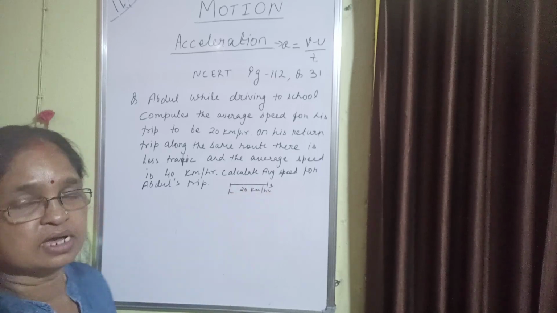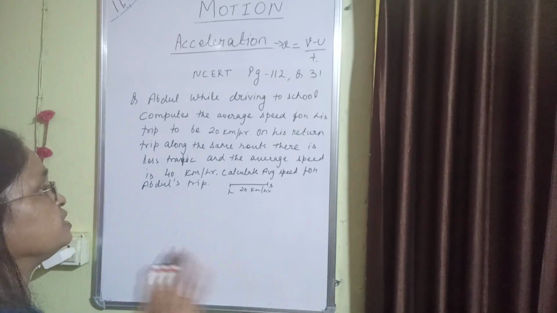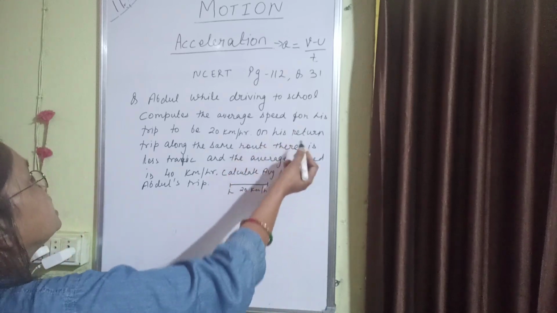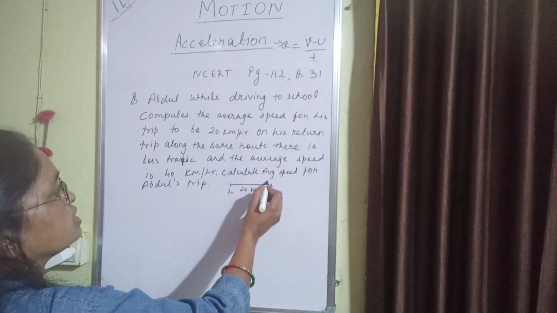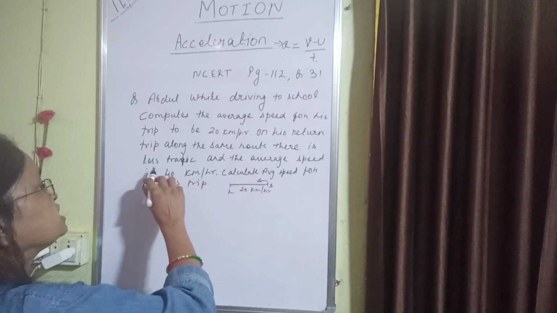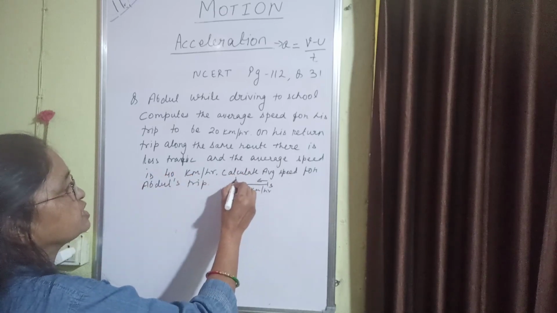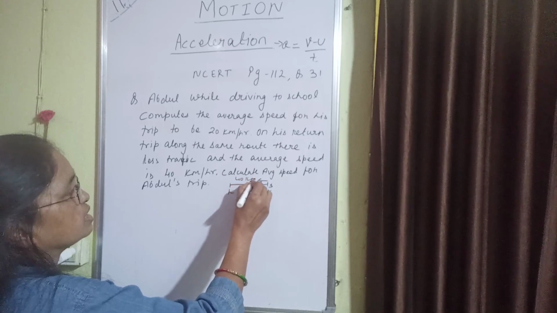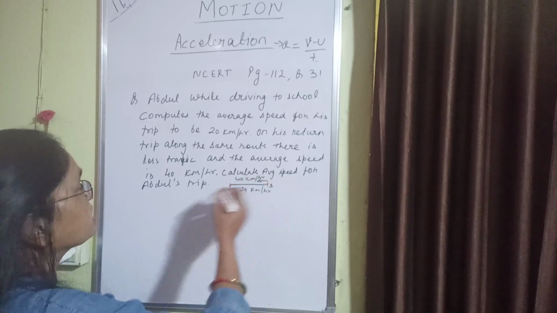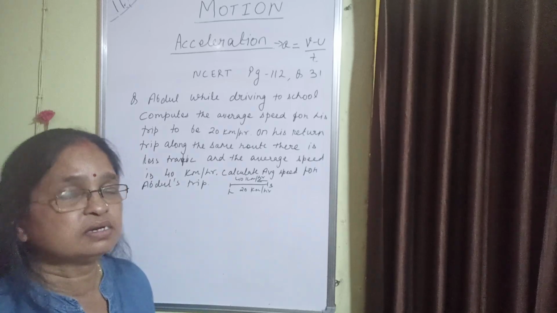That means in 1 hour, the distance moved by him is 20 km. On his return trip, there was less traffic and the average speed is 40 km per hour. Calculate the average speed for Abdul's total trip.